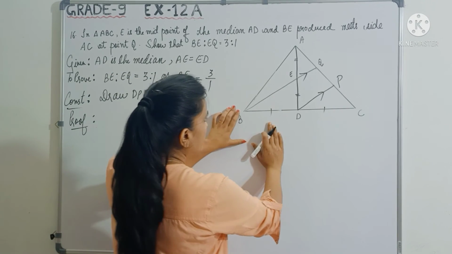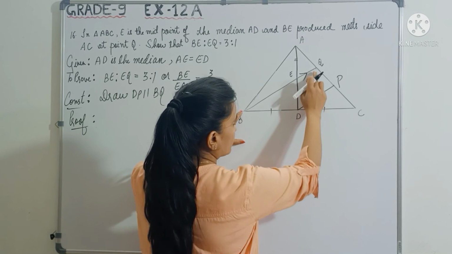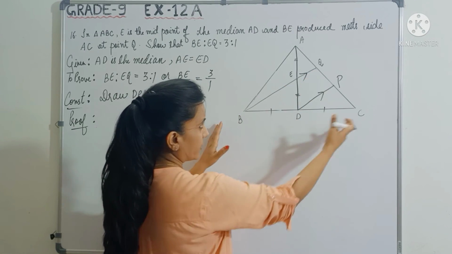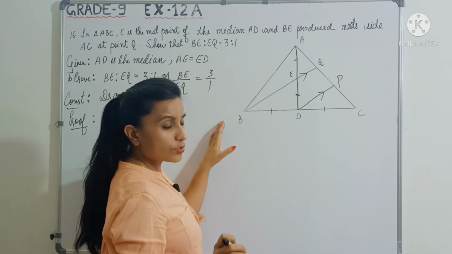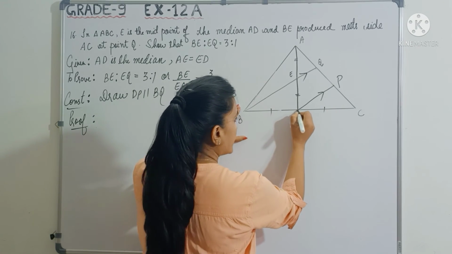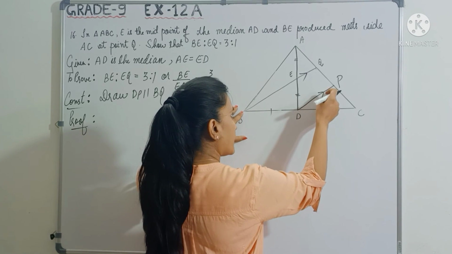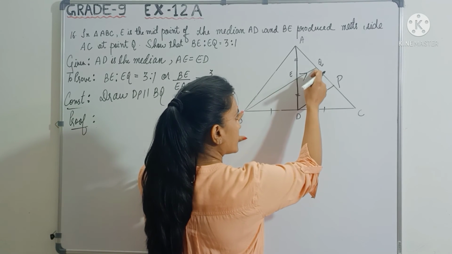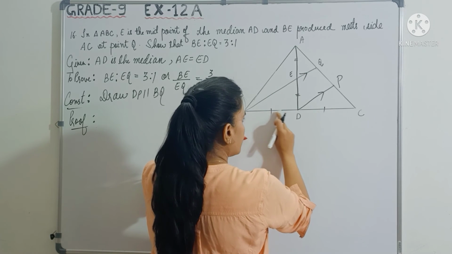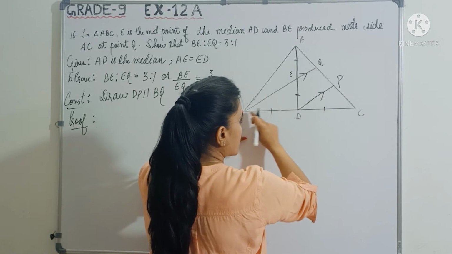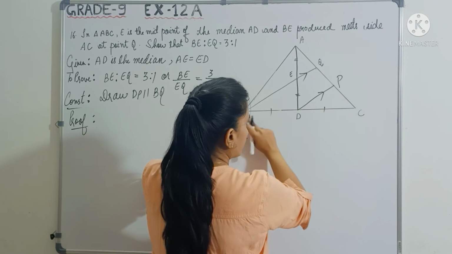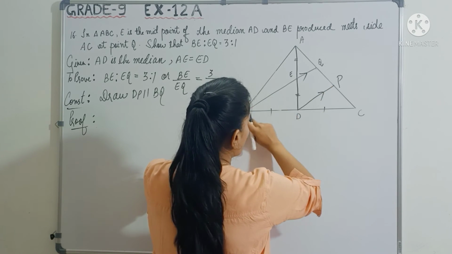So let's take triangle BCQ. Now you must be thinking why I have taken this triangle. I have taken this triangle because I know that D is the midpoint of BC and DP is parallel to BQ, right? In this triangle, D is the midpoint of BC and DP is parallel to BQ.